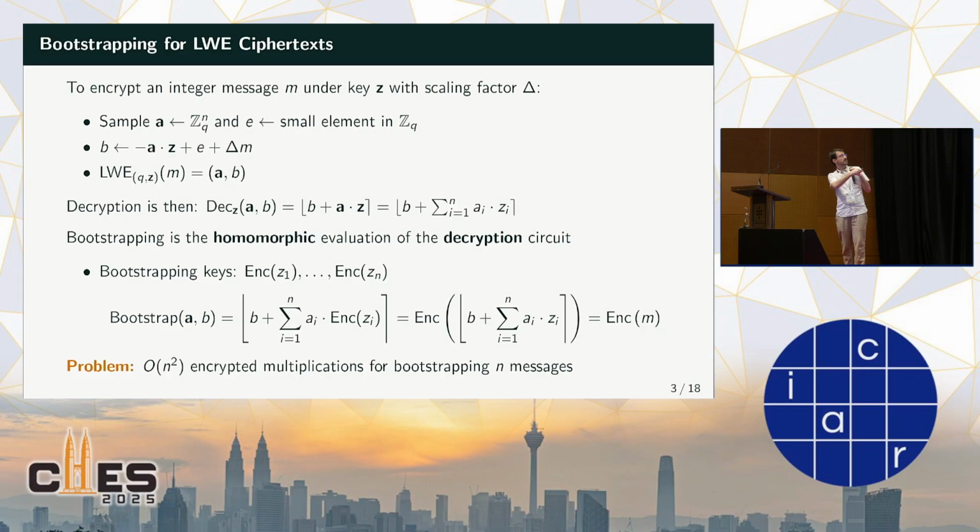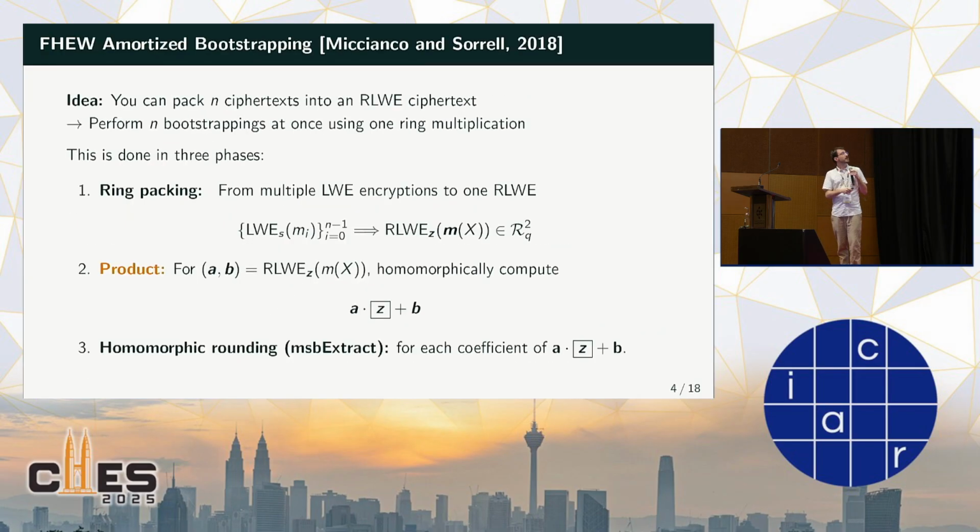So you have to do some scalar multiplications homomorphically, and then you hopefully get an encrypted version of your message, and hopefully with a smaller noise than you started with. The problem with this is that the complexity when you use n messages is n squared, right? So for bootstrapping n messages, the complexity is n squared, which can be very inefficient for real-world schemes.